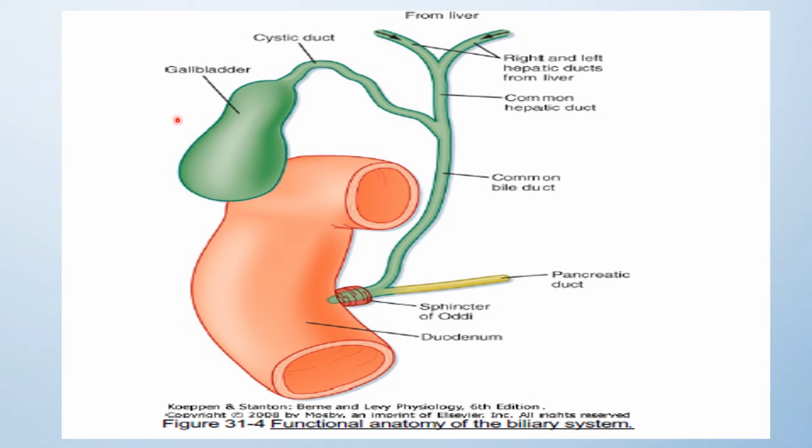So the gallbladder's function is to concentrate the bile, and also it is the one that contracts whenever we have a fatty meal. Okay, so the common bile duct will drain to the duodenum, and the release will be controlled by the sphincter of Oddi. So in the duodenum, before the sphincter, it is joined by the pancreatic duct.